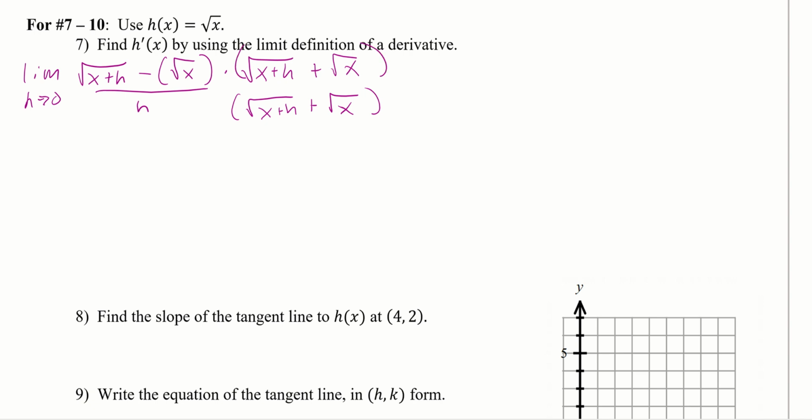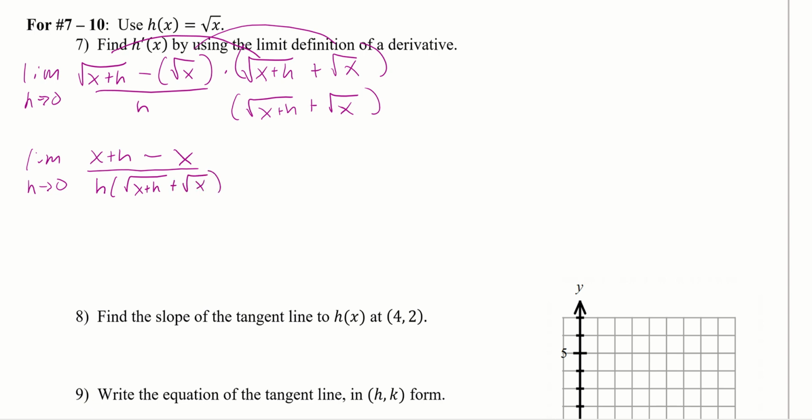Now the nice thing in the numerator, don't overthink it. Remember, with conjugates, you can multiply the first terms, so they match exactly and just get rid of those. And then the last terms we're going to have minus root x times root x, which is just x. Now, in the denominator, most of the time, don't distribute in. Trust me on this one. Just leave it as is.